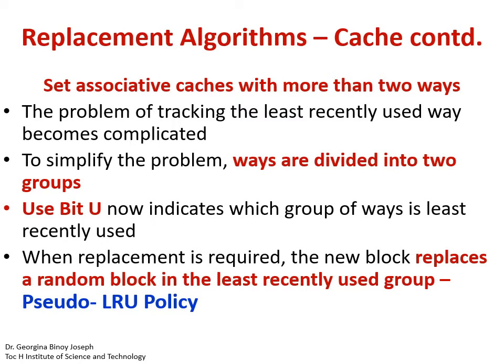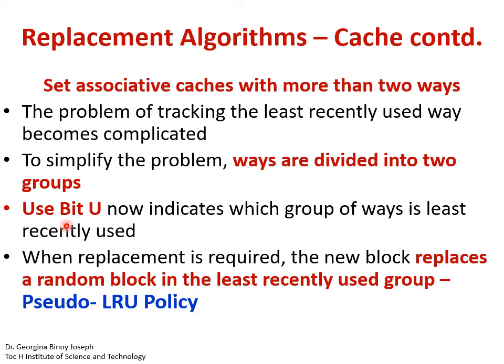Now, suppose we have set associative caches with more than two ways, or we are looking at the problem of, let us say, fully associative caches. The problem of tracking the least recently used way now becomes more complicated. You can't use a single use bit. To simplify the problem, the ways are divided into two groups.